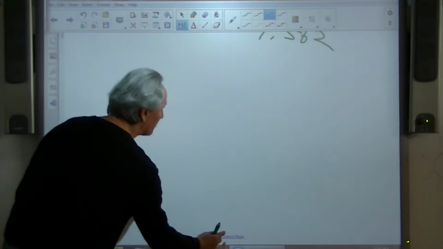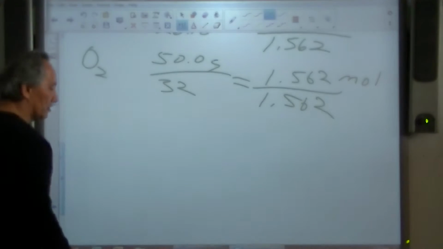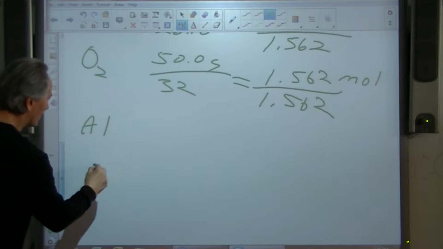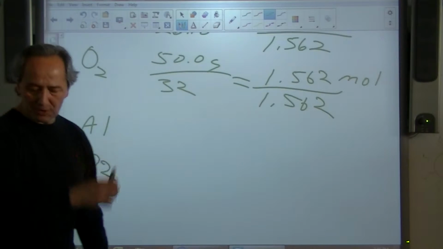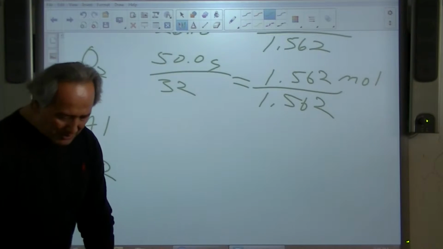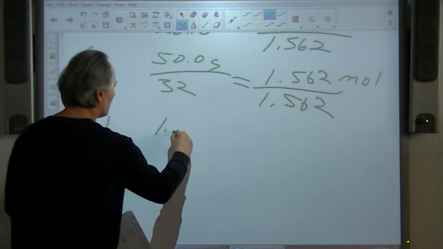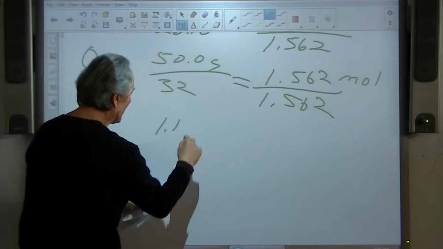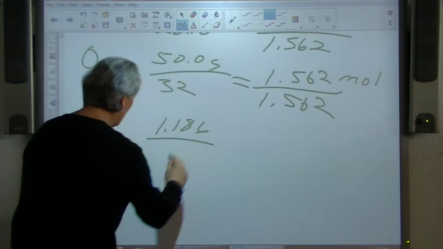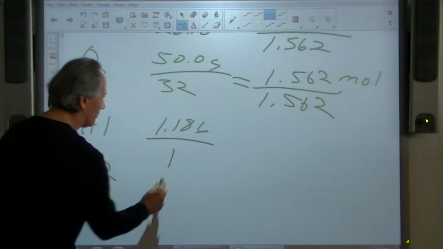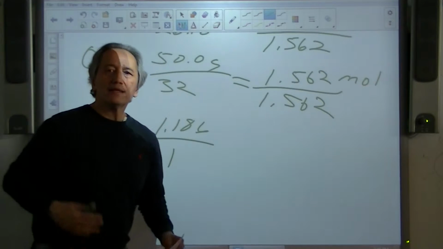And let's get a ratio of numbers between those two. And we identify it here so we keep the numbers straight here on the side. The values that we get on the aluminum side after division is 1.186. And for oxygen, of course, we're going to get 1. Our next step.